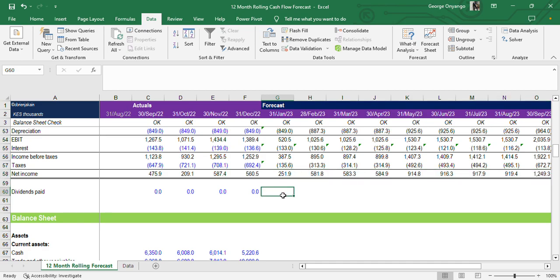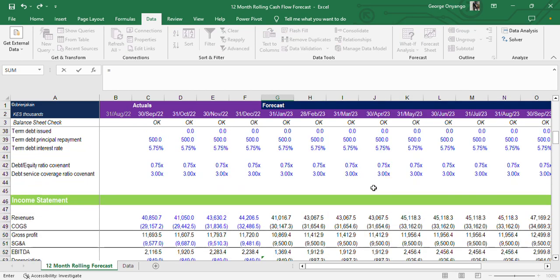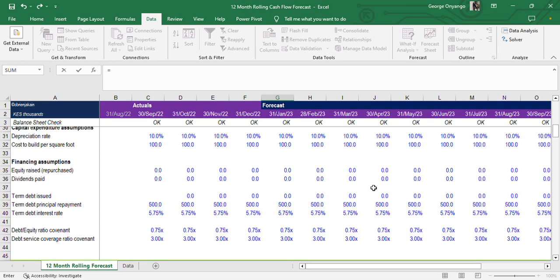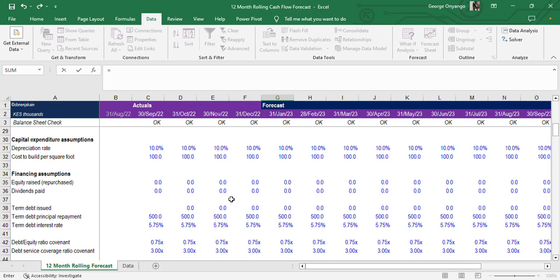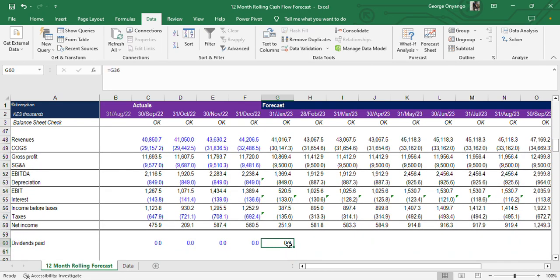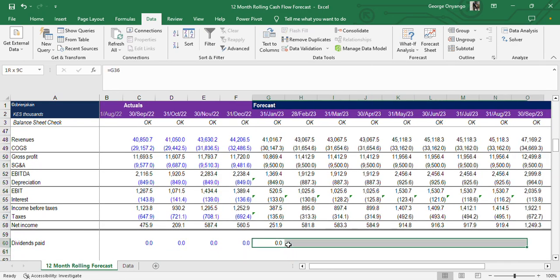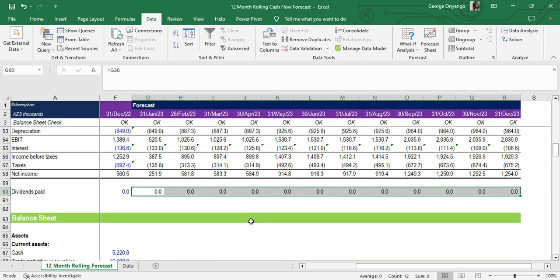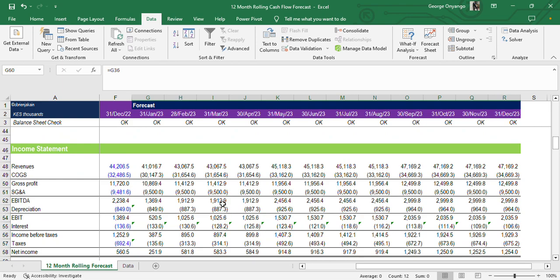Were there dividends which were paid? We can come back to our assumption area, and we can see that there were no dividends paid the month of January. So can we see if there are some dividends which were paid? There we go, and there was no dividend which was paid.